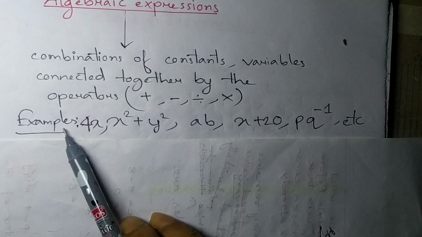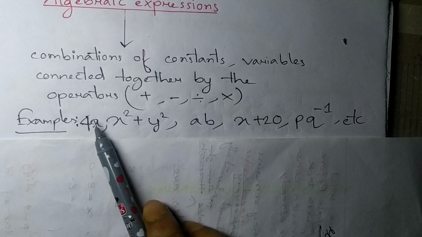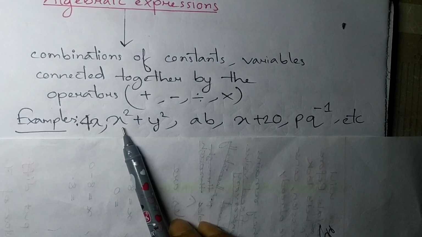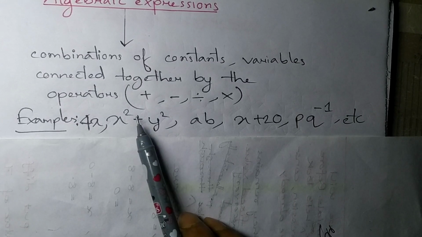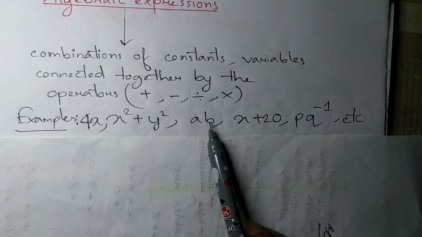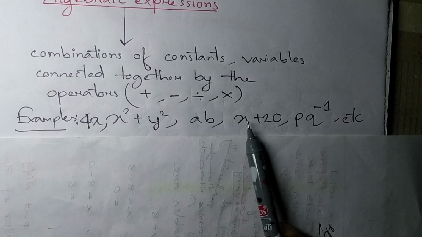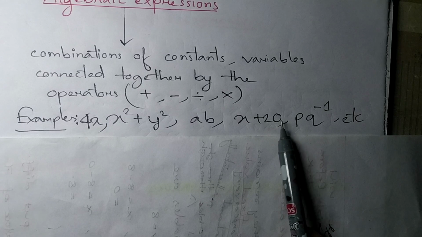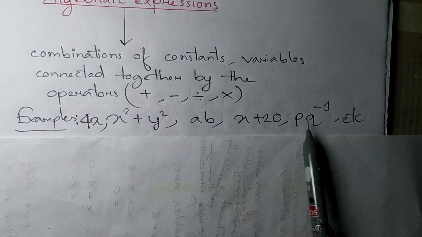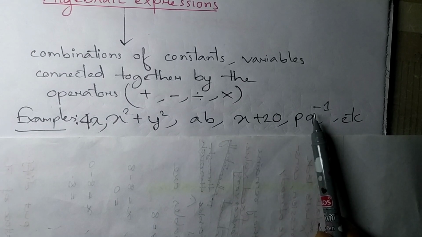Let us see some examples to understand more clearly. 4x: here the variable x and the constant 4 are multiplied with each other. x square plus y square: here the two variables x and y are connected together by a plus sign. ab: here we can see that the variables a and b are multiplied with each other. In this expression x plus 20, we can see that the variable x and the constant 20 are connected by a plus sign. In the last example, we can see that p and q are multiplied with each other. So all these expressions are called algebraic expressions.